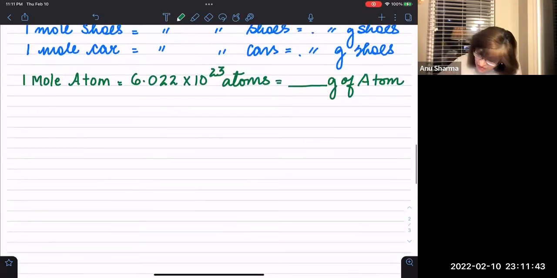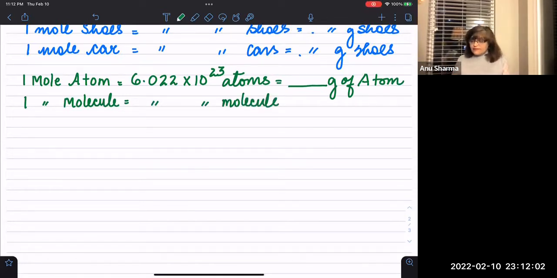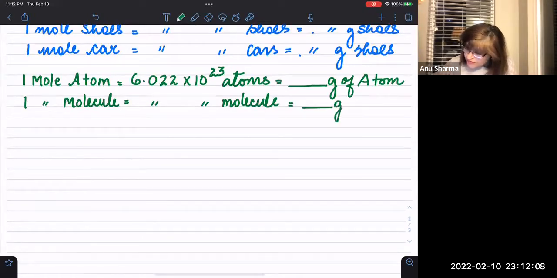Then 1 mole of molecule, same story, same number of particles. Instead, you put molecule here. And that is equal to whatever the grams of the molecule is.